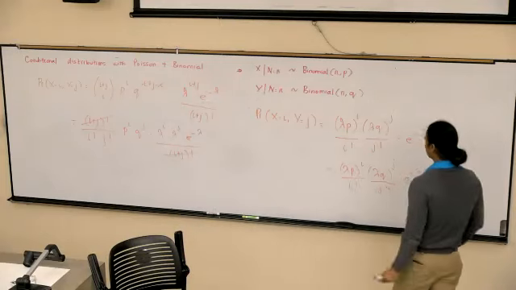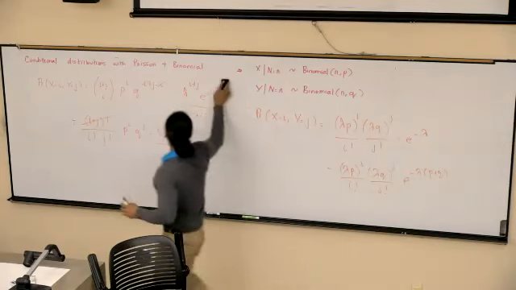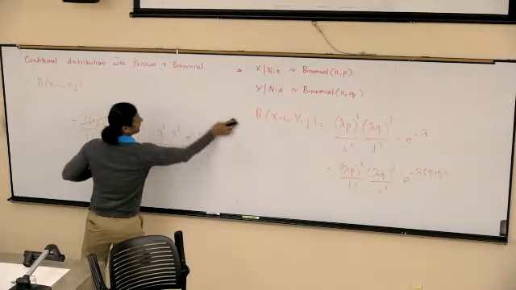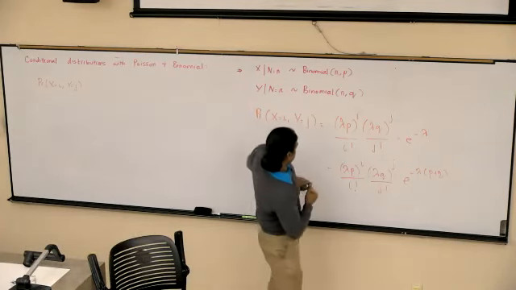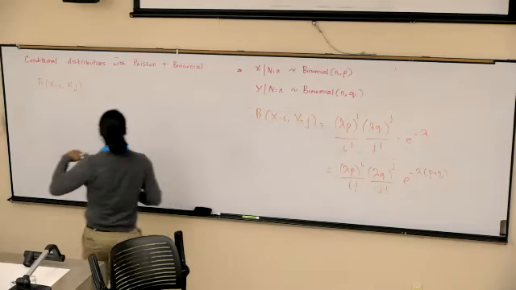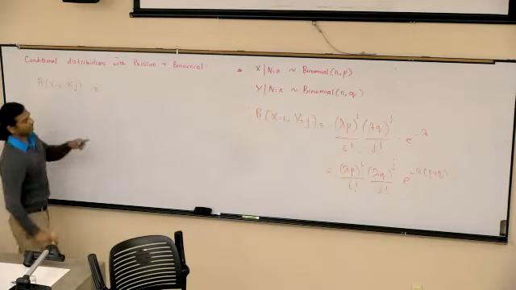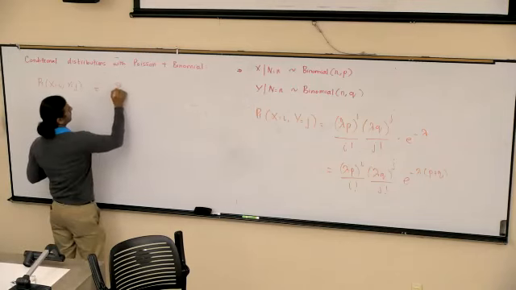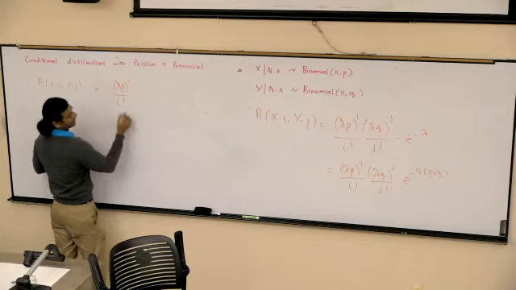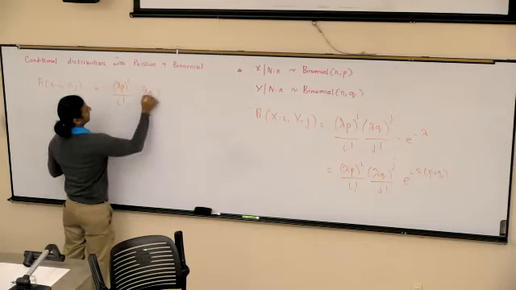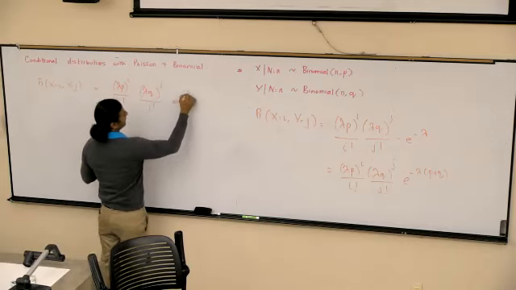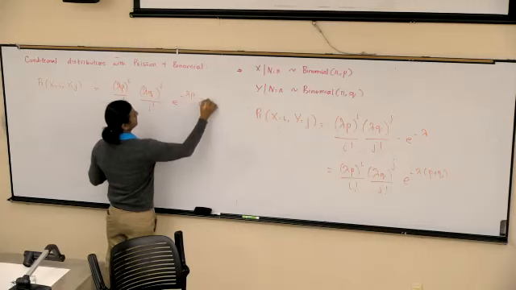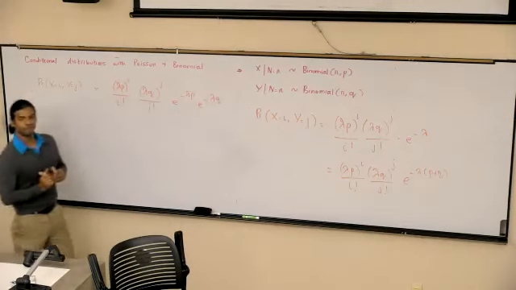Now I can split it up. Oh, sorry, that's an equal sign. So I can split the exponential and write it as lambda p raised i over i factorial, lambda q raised j over j factorial, e raised minus lambda p times e raised minus lambda q.